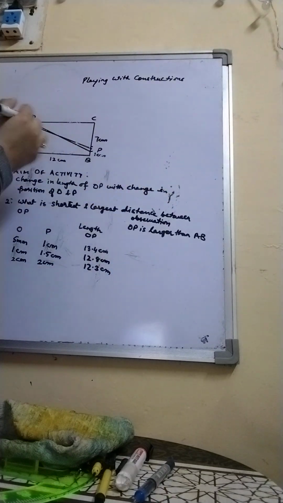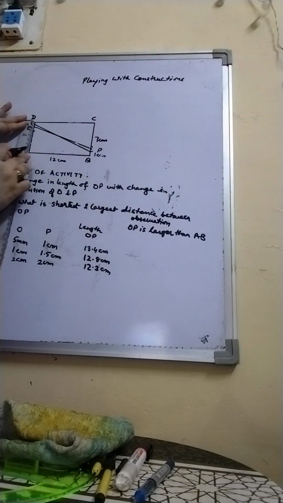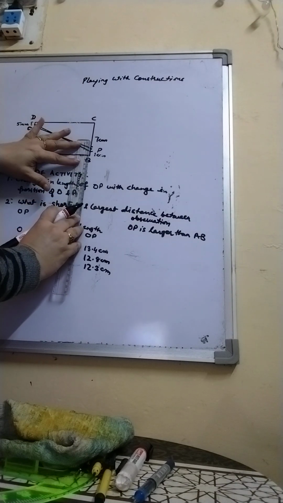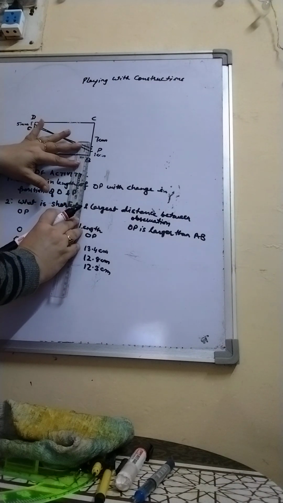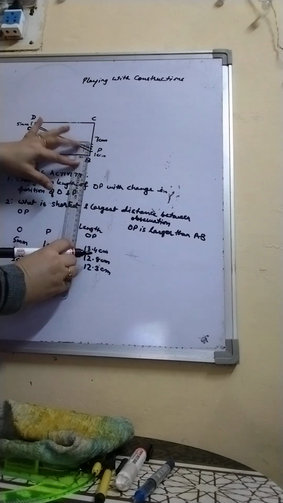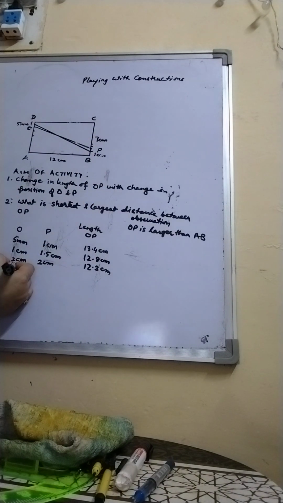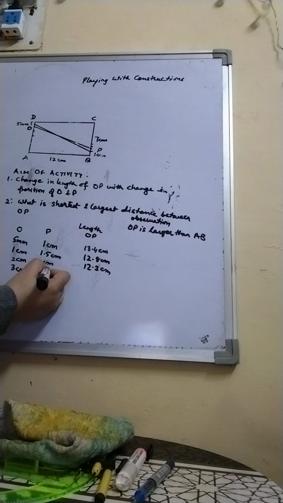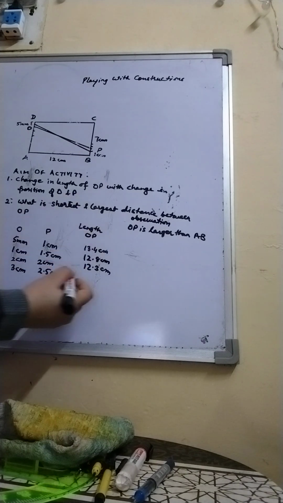Then we take it at say 3 centimeter and here 2.5 centimeter. Okay, so my next position is 3 centimeter O away from D and P is 2.5 centimeter.